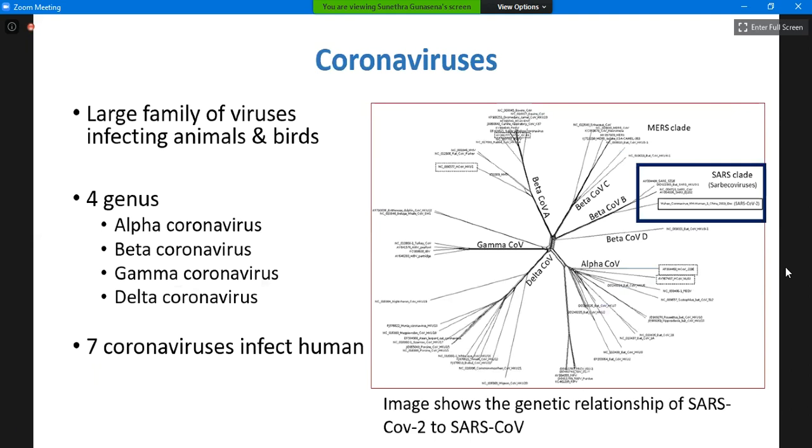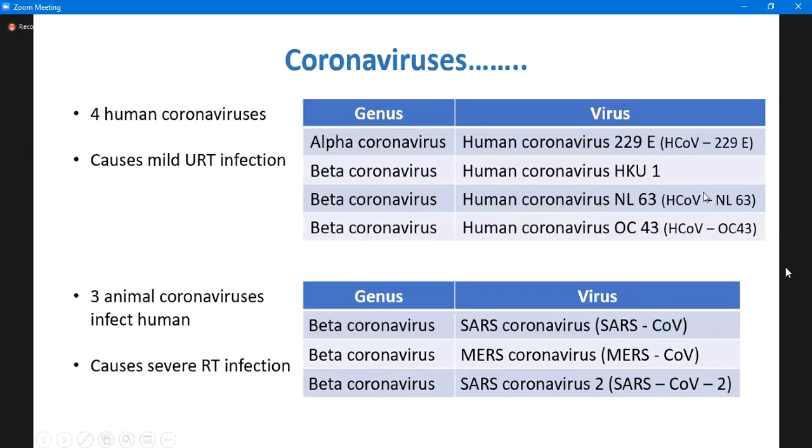In this image, you can see the SARS clade and the current virus, SARS coronavirus 2, and the close relationship in the phylogenetic tree.